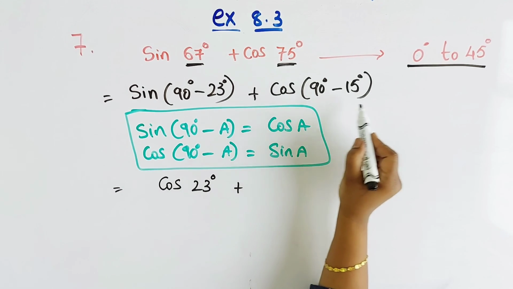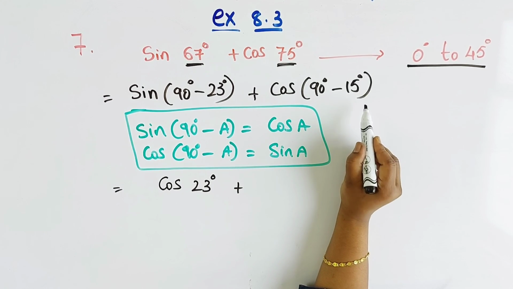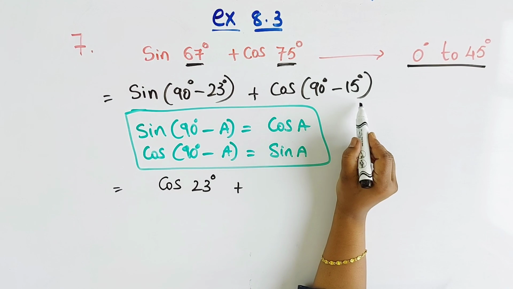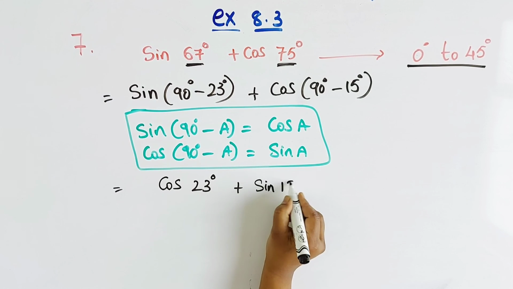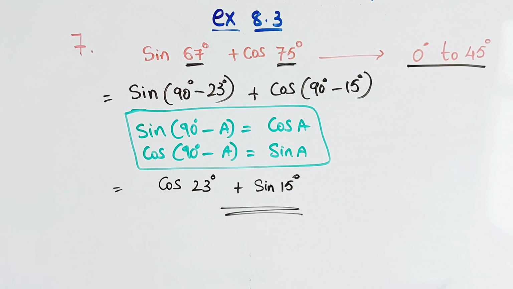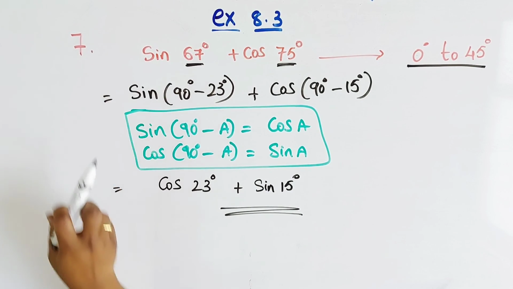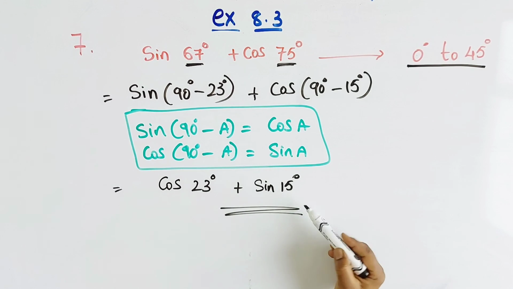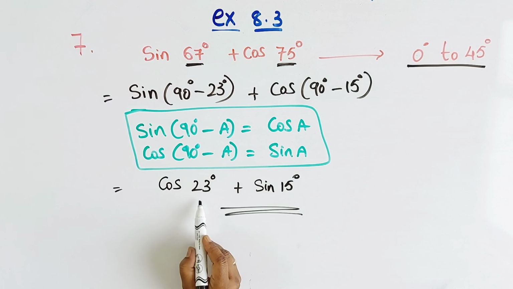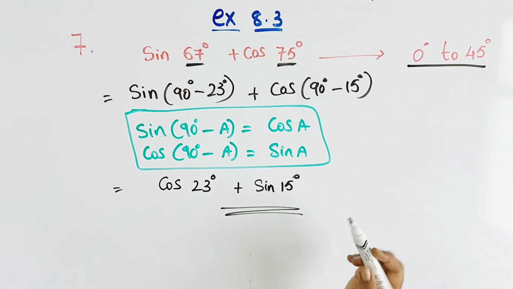Plus here cos 90 minus 15. Here A value is 15 degrees. So cos 90 minus A is sin A. That means sin 15 degrees. Now see the answer. Sin 67 is changed to cos 23. Cos 75 is changed to sin 15 degrees. Now check the angles also, 23 and 15 are between 0 to 45 degrees. Is it correct?